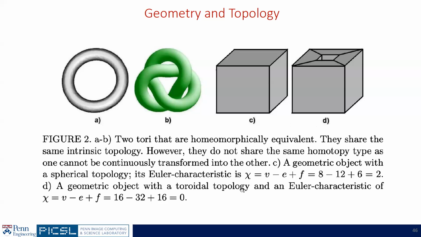It is nothing but this: if you convert your segmentation into a 3D triangulated mesh, you can compute the number of vertices, the number of edges, and the number of faces, right? If you compute the formula V minus E plus F, you get something called the Euler number, or Euler characteristic. And we know that for a sphere, it's 2. So we want to make sure our segmentation also has an Euler characteristic of 2, right? This is what we want.